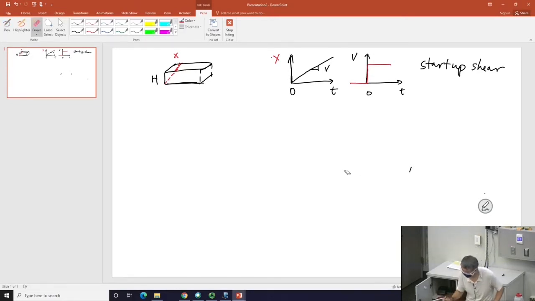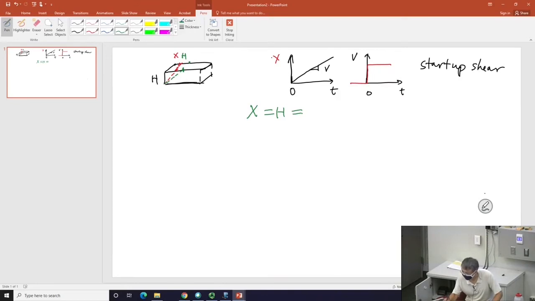Let's appreciate this a little further by paying attention to when the top moves just one h, that is, when x is h. Ask yourself how much time it took to move the upper surface 1h.